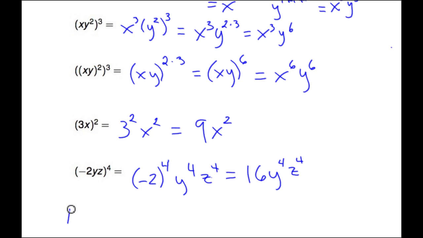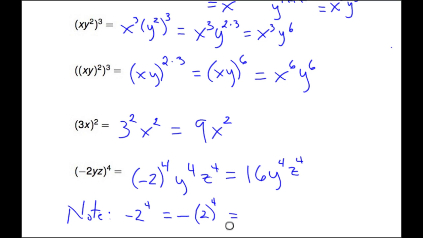Note that -2 to the 4th, without the parentheses, is not positive 16. Okay? It's negative 16. Because if the negative's not inside the parentheses, then it doesn't get raised to the 4th power.